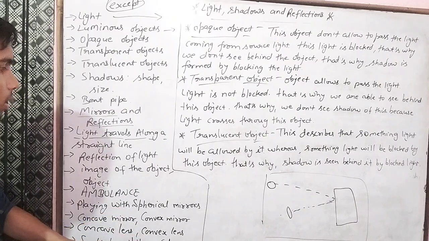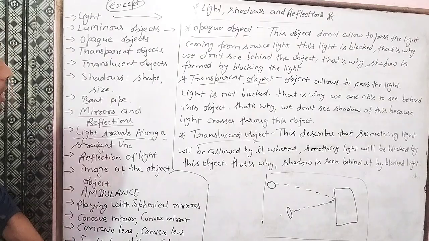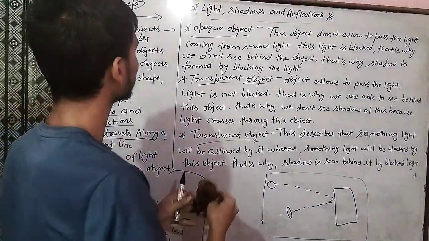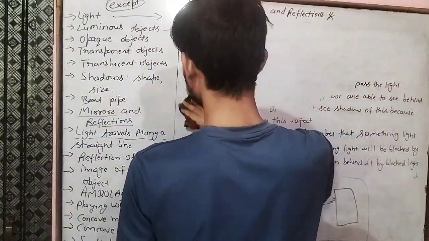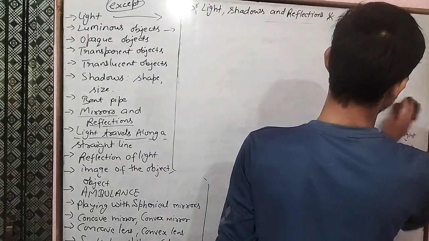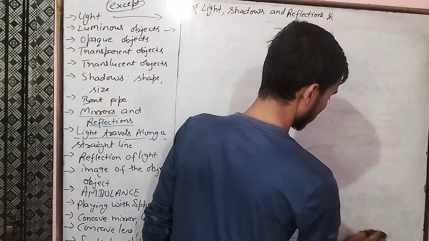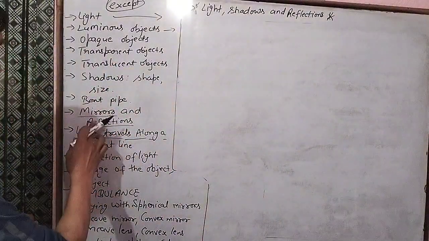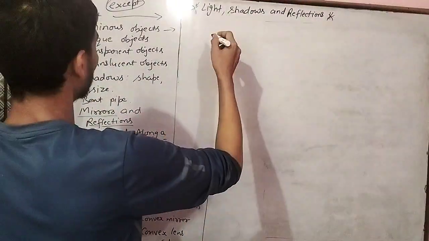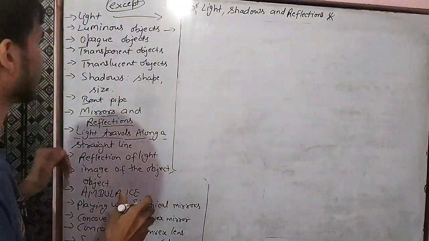Light travels along a straight line. We understood about it. So first of all, let's write in written form what we have looked at about mirrors.